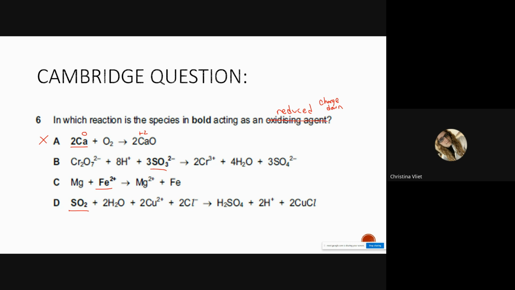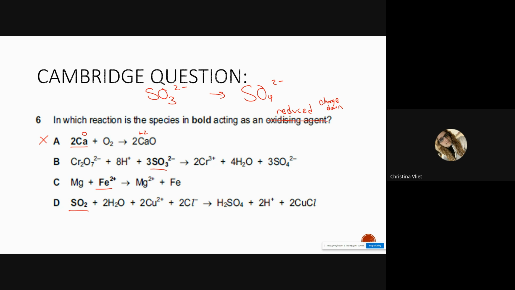SO3 2- to SO4 2-. What happens to the charge of sulfur here? The oxidation number. If you want to work it out, it would be SO3 2- going to SO4 2-. What do you think? Is that reduced?